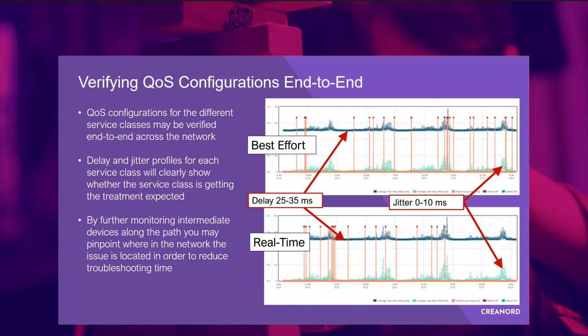So you need to verify that these quality of service configurations are correct. And TWAMP is actually a very nice way to verify all of these configurations and ensure it in an end-to-end manner. As we are monitoring the whole data transport network with TWAMP, you can use the measured profiles to verify that your quality of service configurations are correct and that your differentiated services are actually getting the treatment that they are expecting.